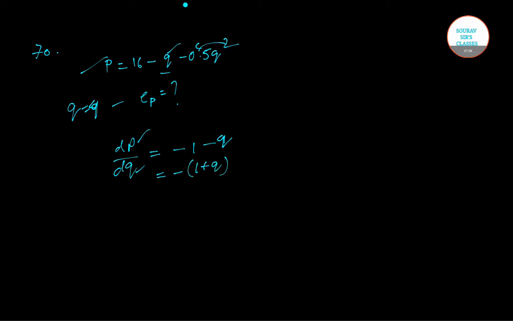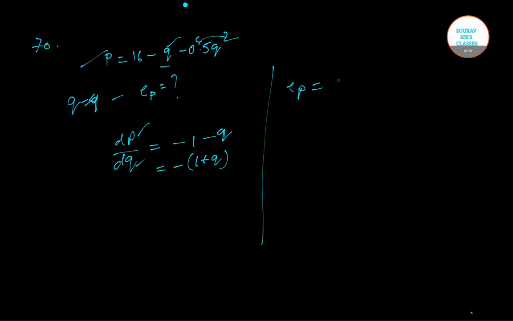Now we will simply write down the formula for price elasticity of demand, which is known as EP equals dq by dp into p by q.